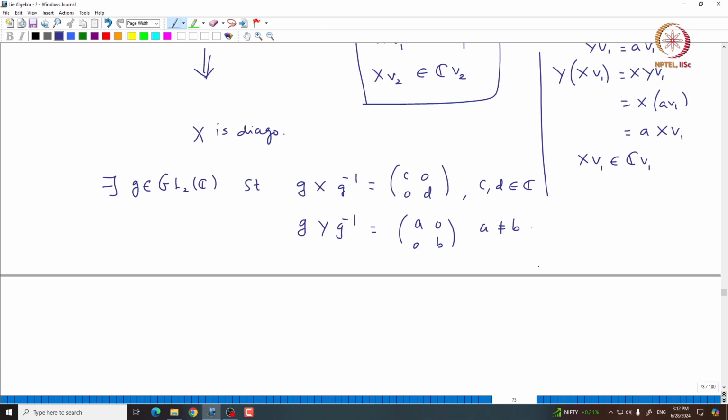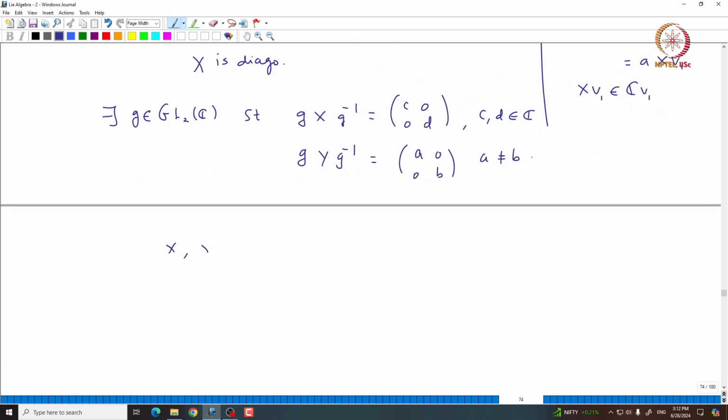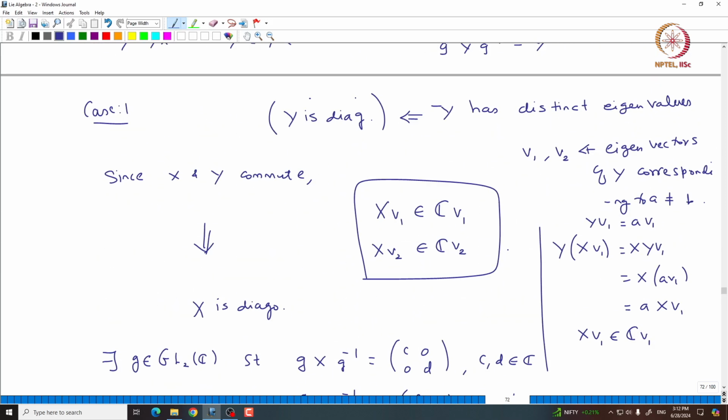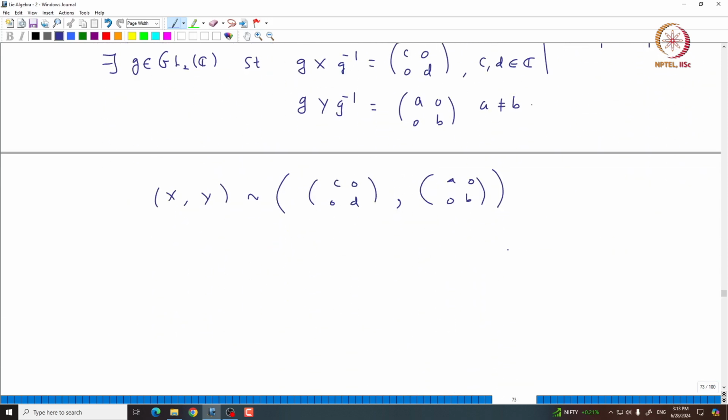So, in particular we get that x, y are related to these two matrices, C 0 0 D, comma, A 0 0 B. So, all two dimensional representations of this abelian Lie algebra will in this case be parameterized by these tuples.